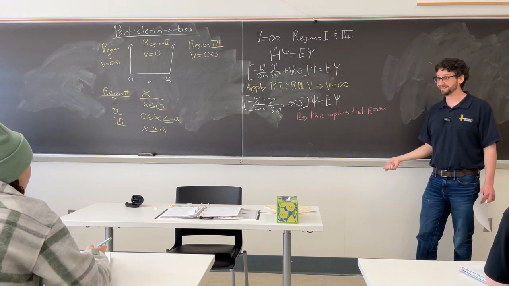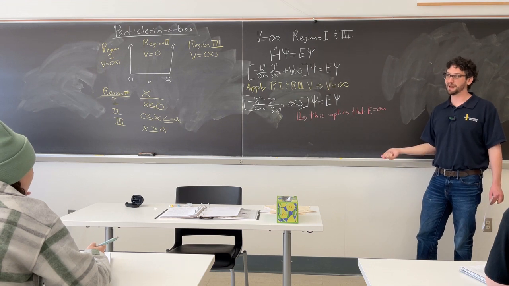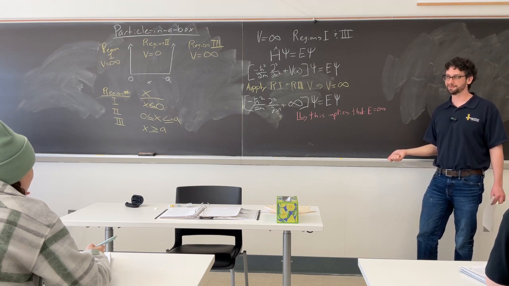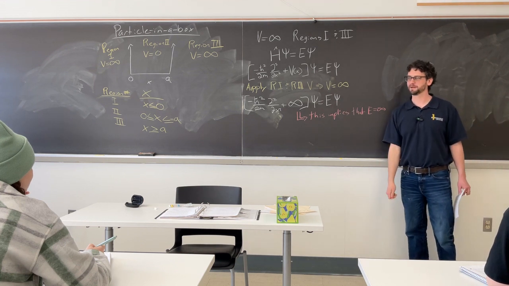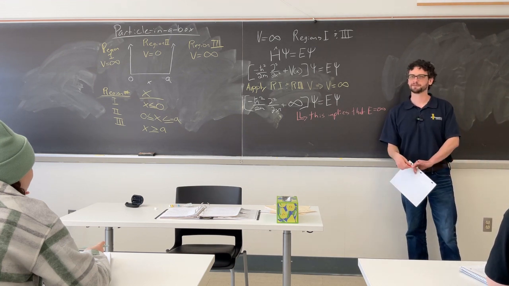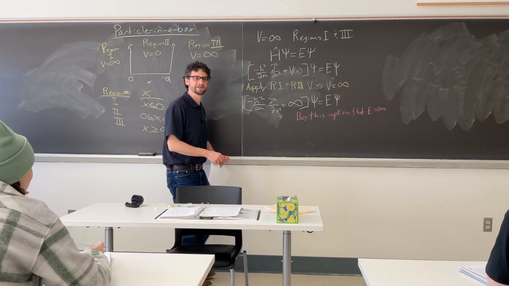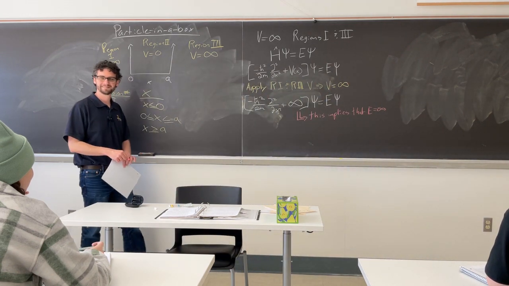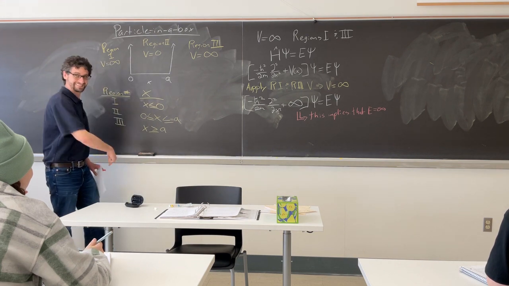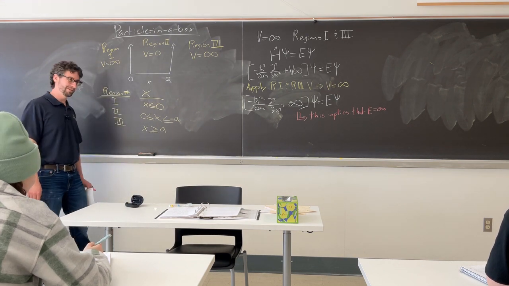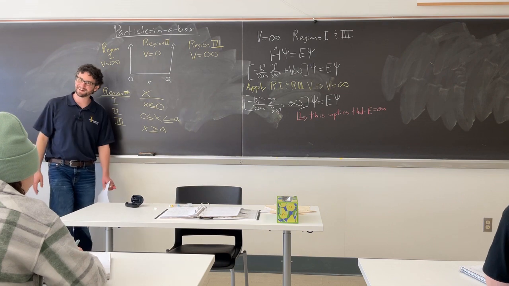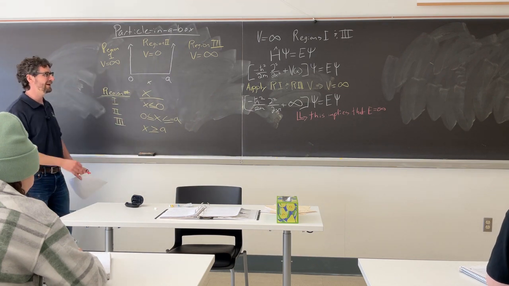Can that happen? No, why not? Why can't we have a system with infinite energy? What's stopping us? Exactly. The first law of thermodynamics says that can't happen. Get out of here. This doesn't happen.